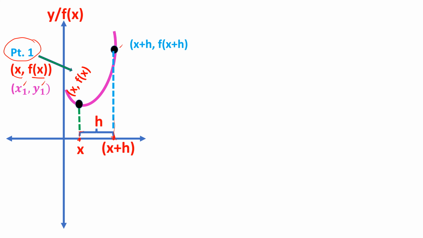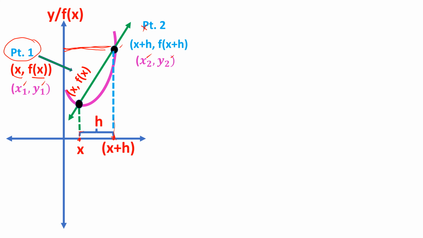This is x plus h units, represented by our x coordinate, and our y coordinate is represented by the vertical distance, f of x plus h. So we already have our point 2, with our x sub 2 and y sub 2, and we are able to connect the 2 points.